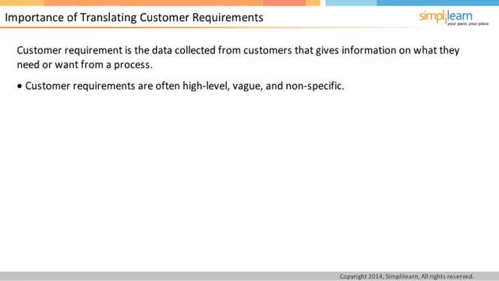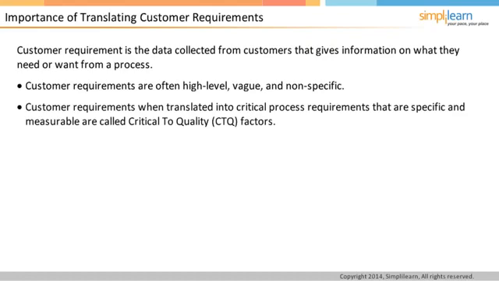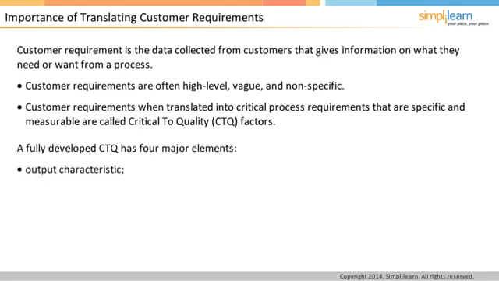Customer requirements, when translated into critical process requirements that are specific and measurable, are called critical to quality (CTQ) factors. A fully developed CTQ has 4 major elements: output characteristic, Y metric, target, and specification or tolerance limits. We will discuss the meaning of CTQ in the next screen.